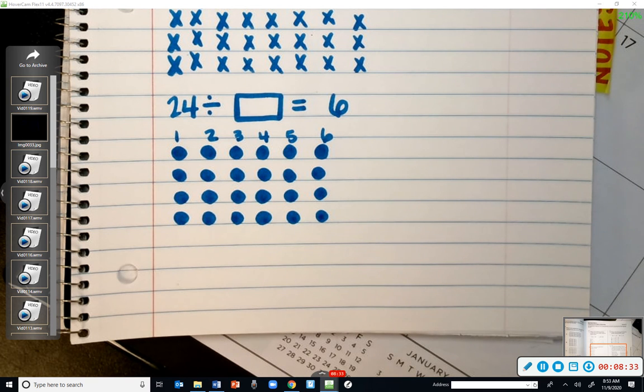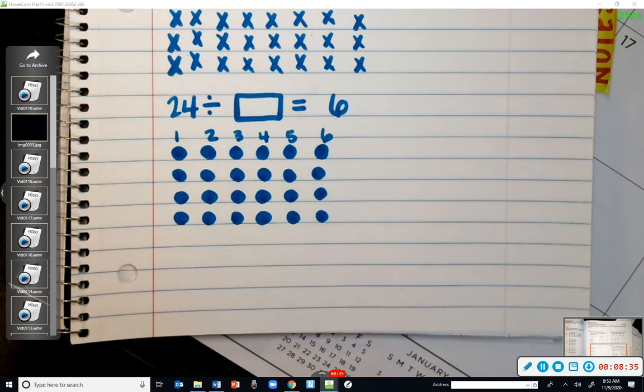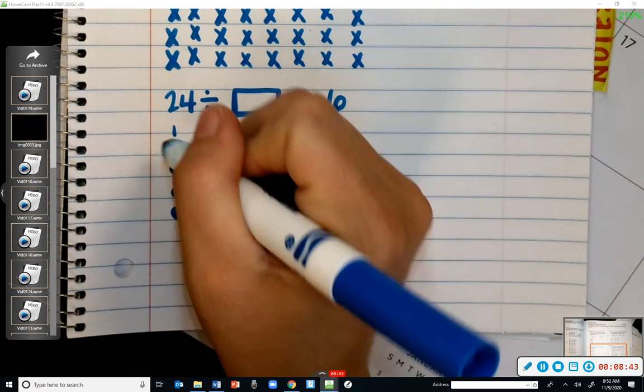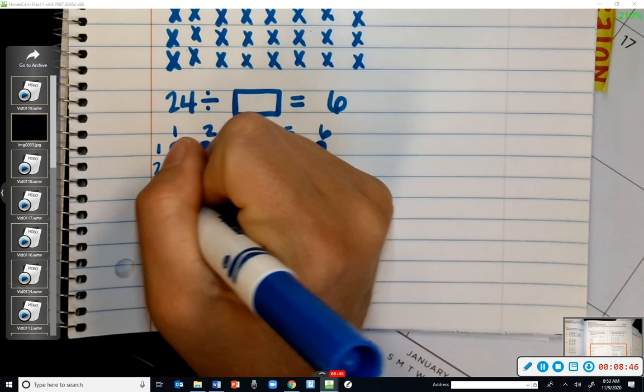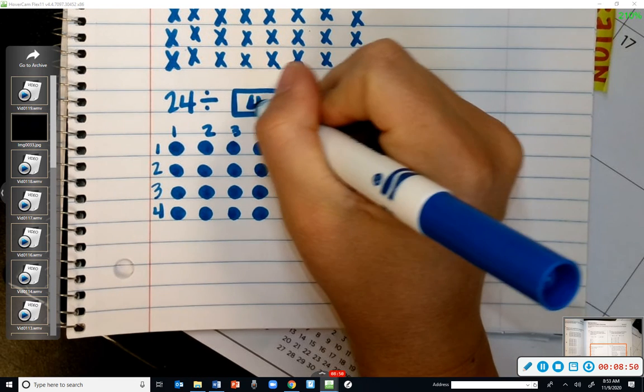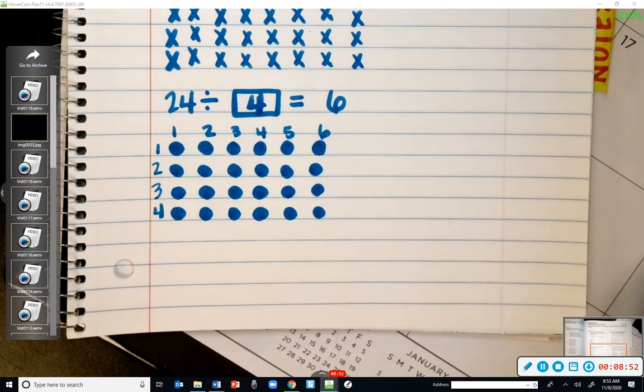I can stop now. So what is my answer? 4. And how did you figure that out, Kaylee? Because I see rows going down. You count going down. Good. 1, 2, 3, 4. So the missing divisor is 4.